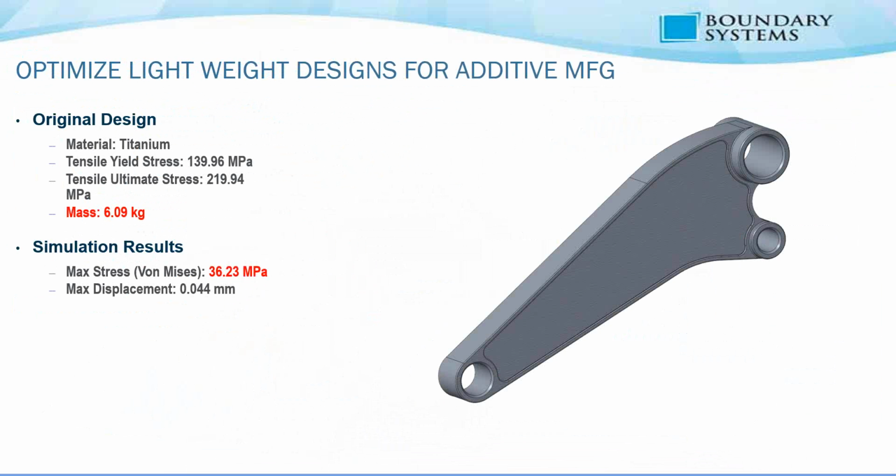And we see within the material and the design criteria there, simulation pumps out a stress value of 36 MPa. So with the yield being 140 MPa, we know that that part is a little overbuilt. So we know we can decrease the mass there. So we see the mass value there of about 6 kilograms.